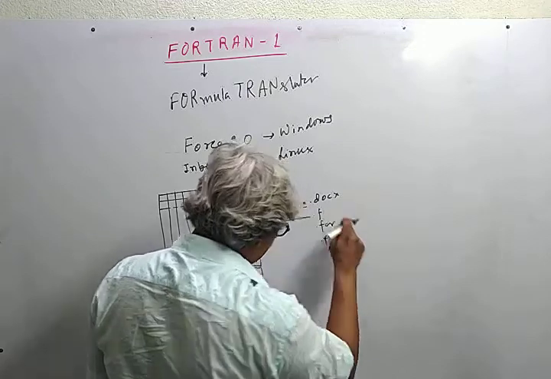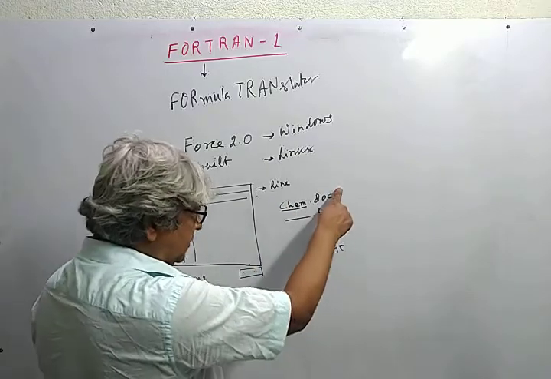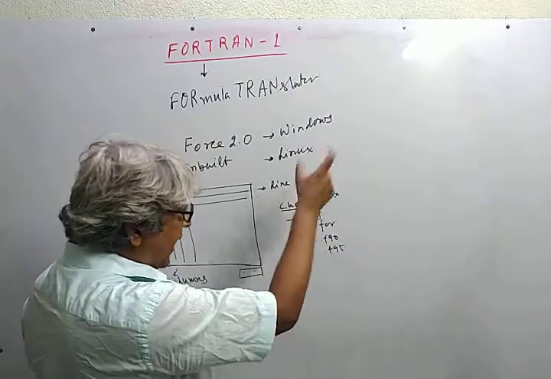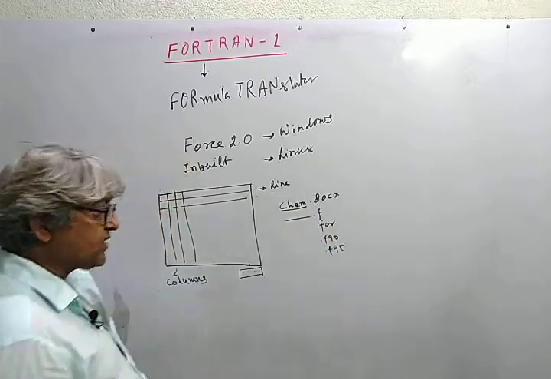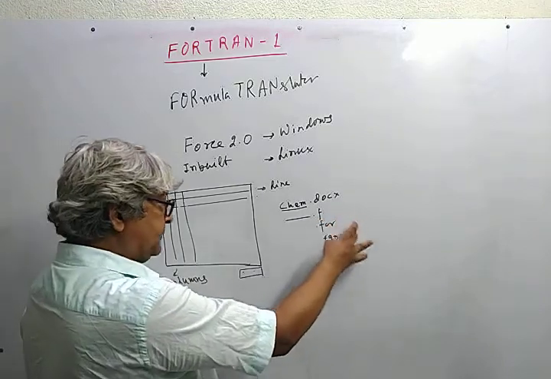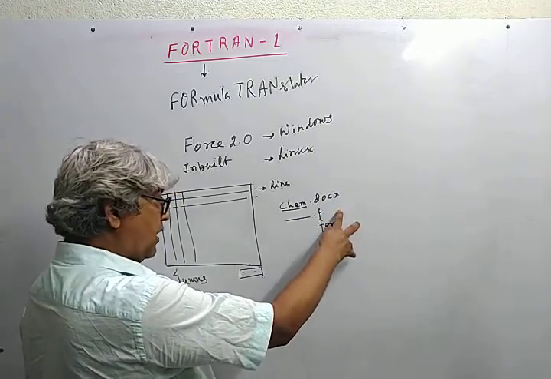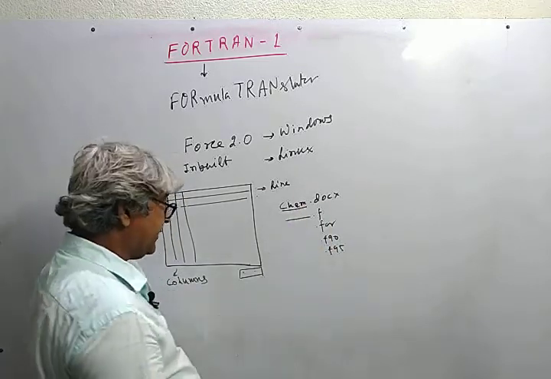The extension will be fixed as per the software. You need not write chem.docx, you need to write only chem, and the extension comes from the MS Office editor. Similarly, whenever you are working with a Fortran editor, the extension will be fixed by the particular editor.